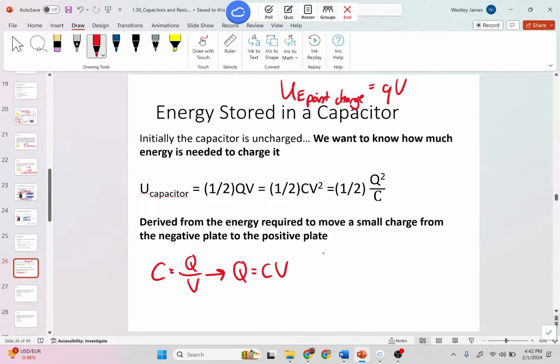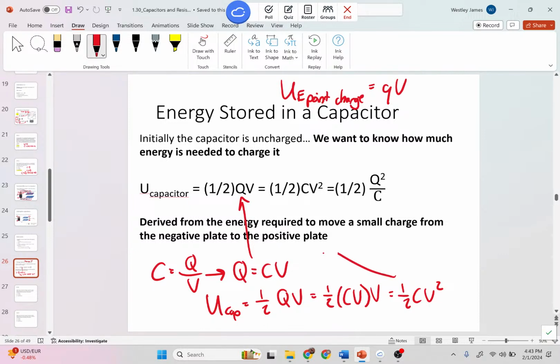And if I plug that in, so the energy stored in a capacitor is 1/2 Q times V, just replace the Q with CV. And ta-da! We got the second equation. That's all it came from. It's not like a new one. It's just replacing one of the variables using a different relationship. So that's where the second one came from.